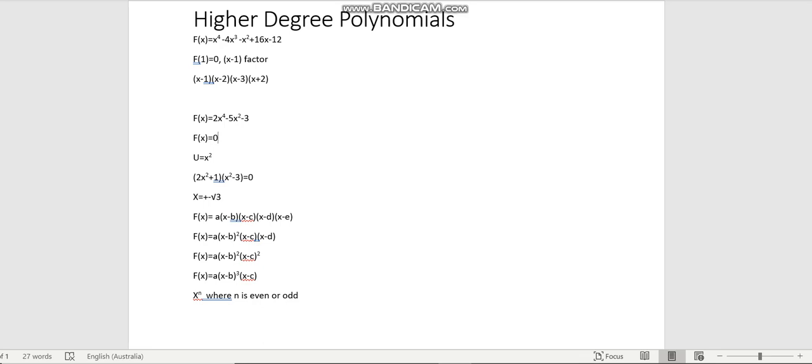Afterwards, there are four ways a high degree polynomial can be expressed. The first one is if it has 4 distinct linear solutions, which just cut the graph each time, like the first function here. The second one is when you have a repeated factor.